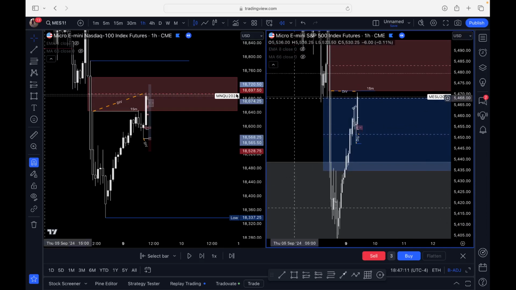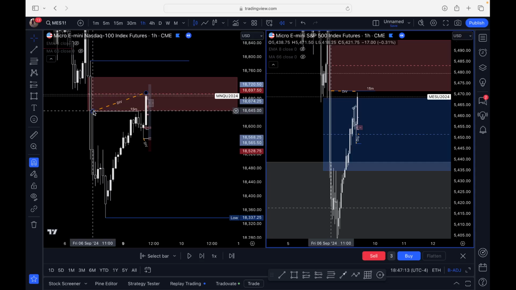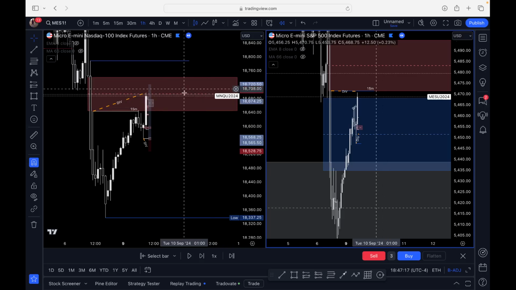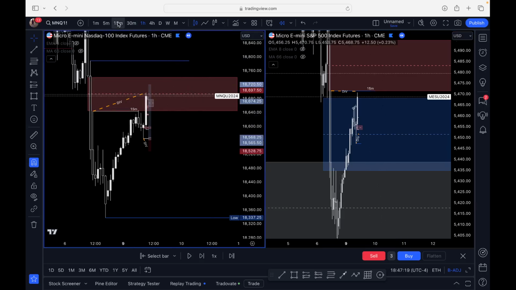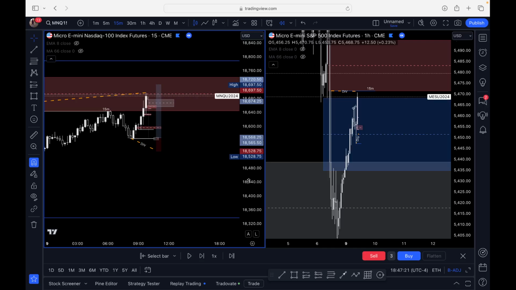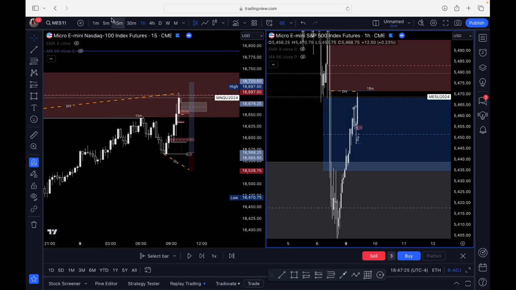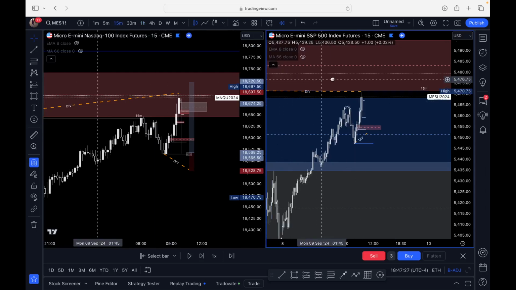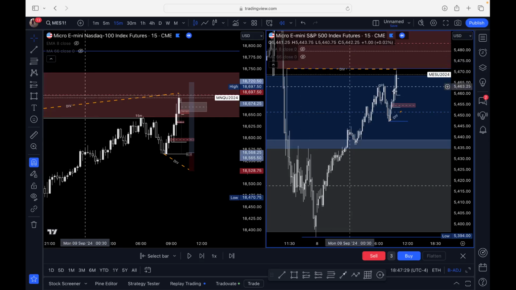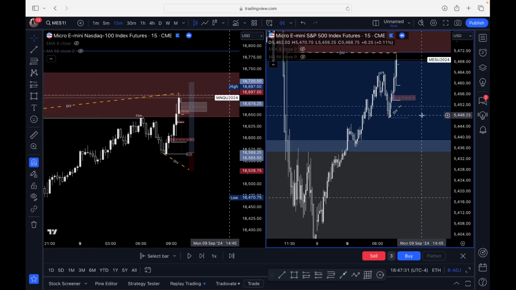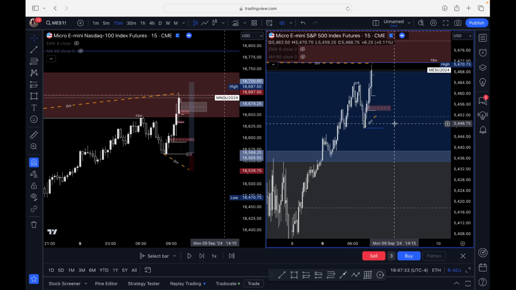When this happened, I was looking to go short, as this high had been taken on NQ but not on ES on the 15-minute time frame. Let me go down to it. So as this happened, I was looking to go short just to follow 4 hour, 1 hour, daily time frame flow.